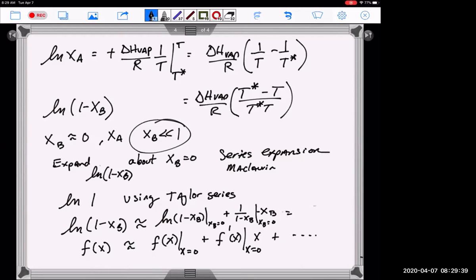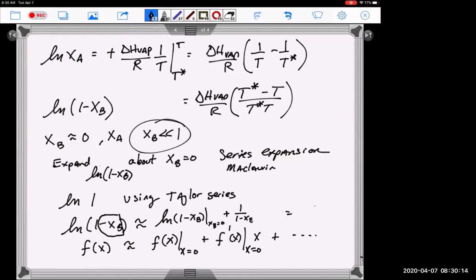I had a quick question. Why is it negative xb for the second term in the Maclaurin? Because we're taking it with respect to what is present inside. It's not 1 plus xb. There are two ways to think about it.